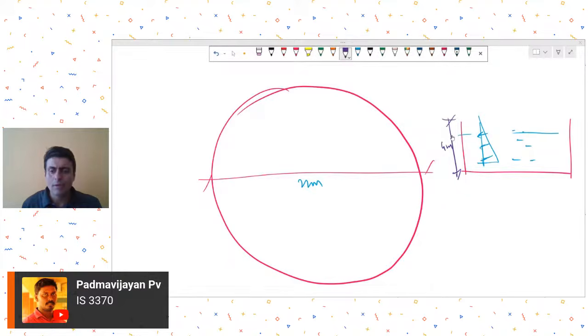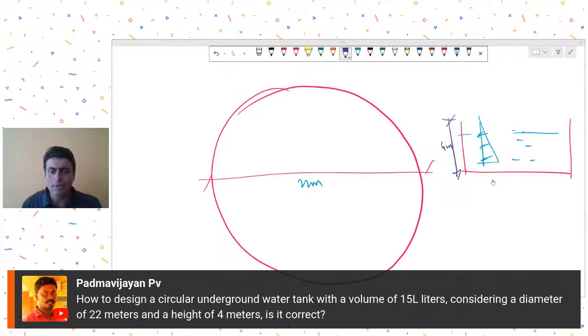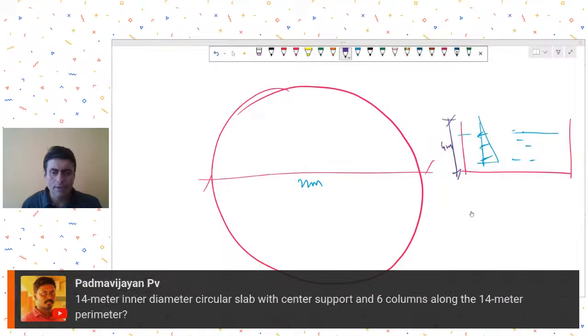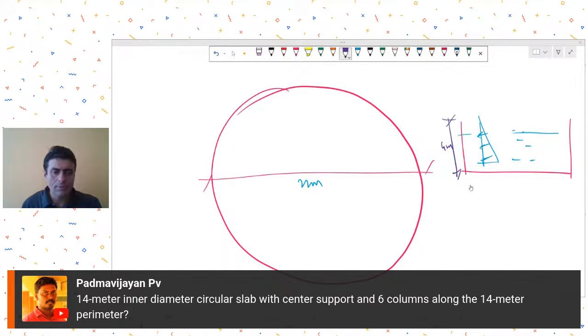How come at one place you're writing 22 meters, at one place 14 meters? I'm not sure what the exact dimensions are. He has a central column somewhere, and then some slab systems, maybe.